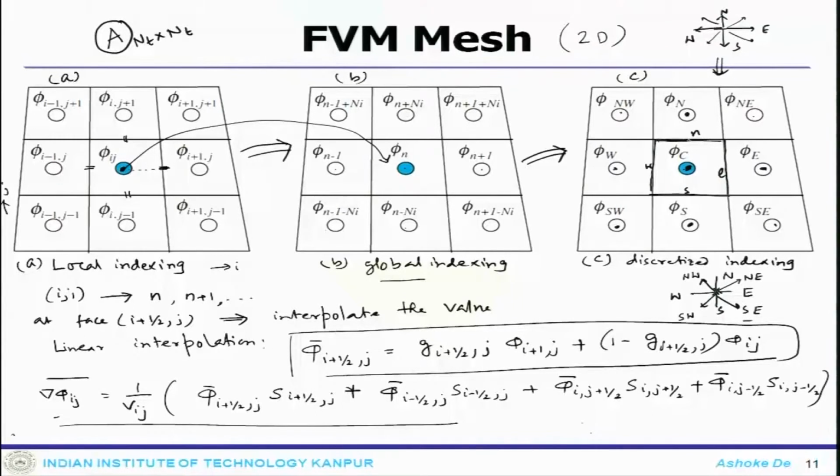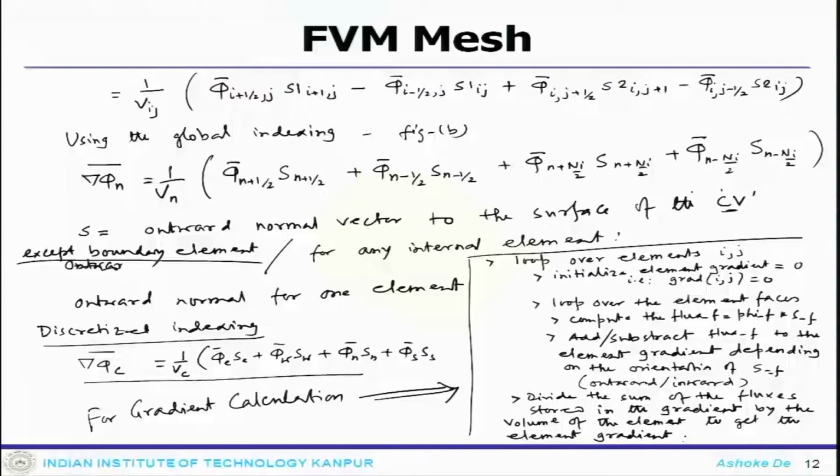This particular element is connected with 4 faces and the neighboring elements, east, west, north, south, and those connecting faces are marked as small e, small w, small n, small s. Then we derive the required gradient calculations, and finally we discussed the pseudo algorithm.